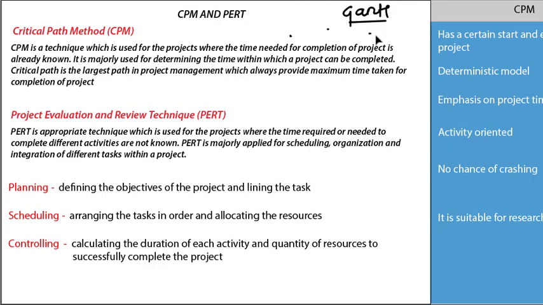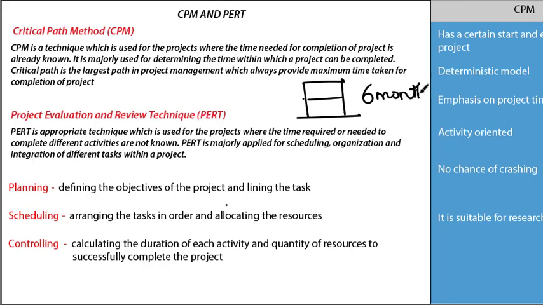So CPM, which stands for critical path method, is a technique used in projects where the time needed for completion of a project is already known. For example, you are constructing a duplex house for which the time required is 6 months.